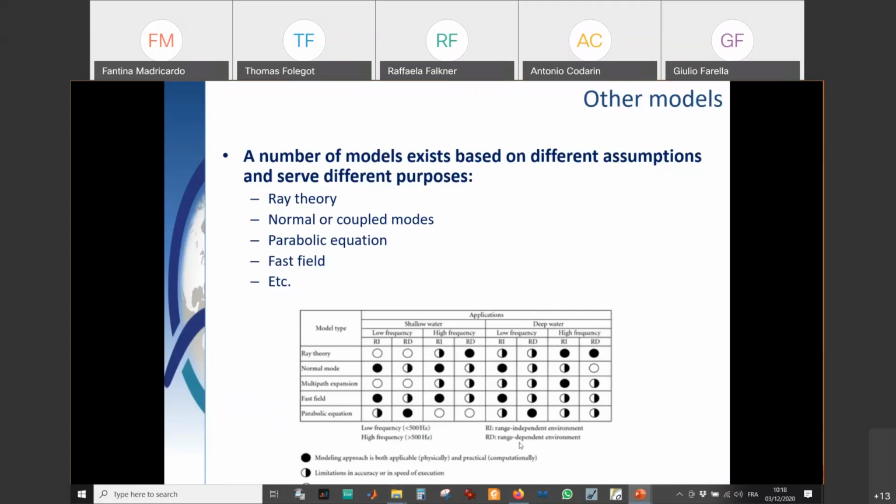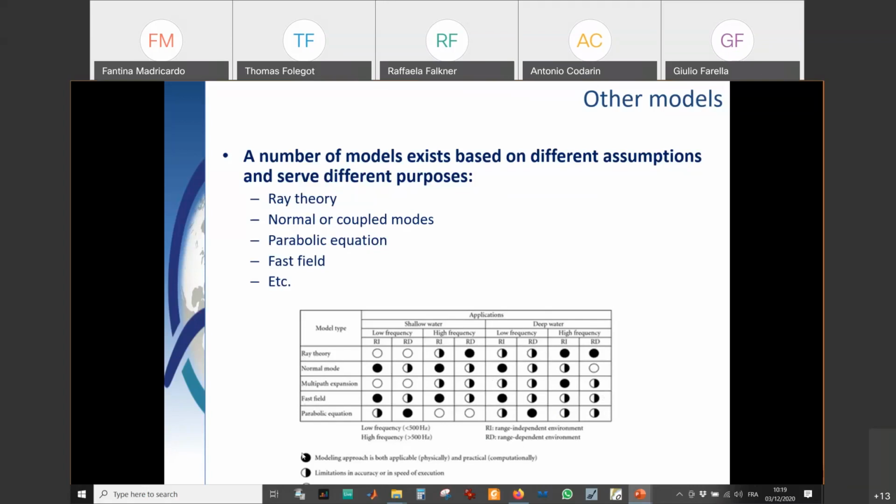And some others deal with range-dependent environment, where the bathymetry can change, where the nature of the seafloor can change, and the temperature and salinity can change versus the distance from the source. Here you can see what type of model is suitable in what conditions.